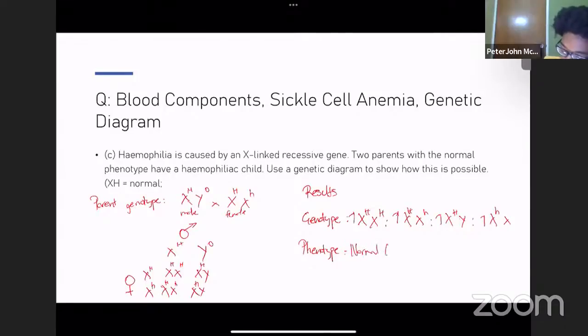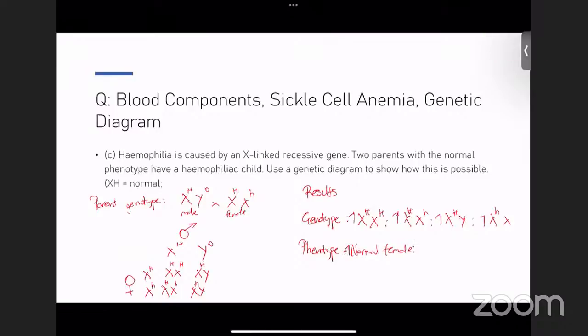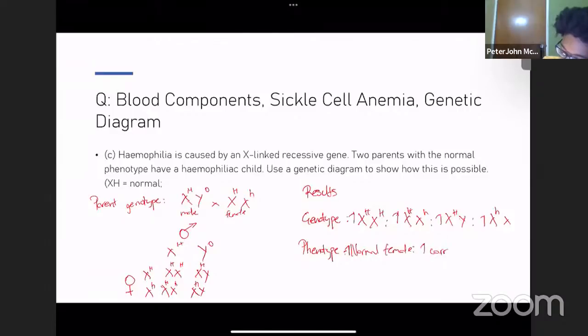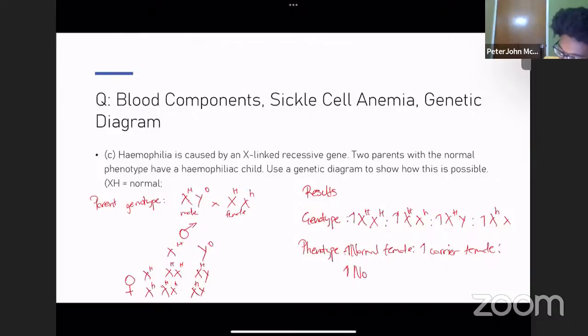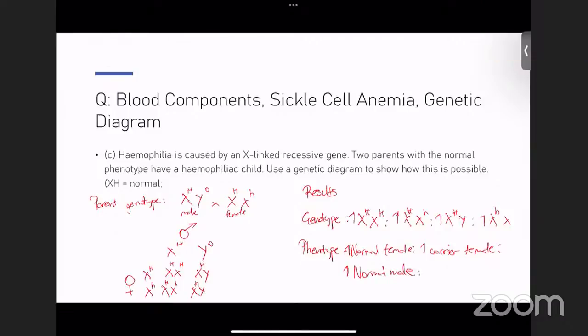One normal female. Next, one carrier female. Next, one normal male. One normal male. And one hemophilic male.